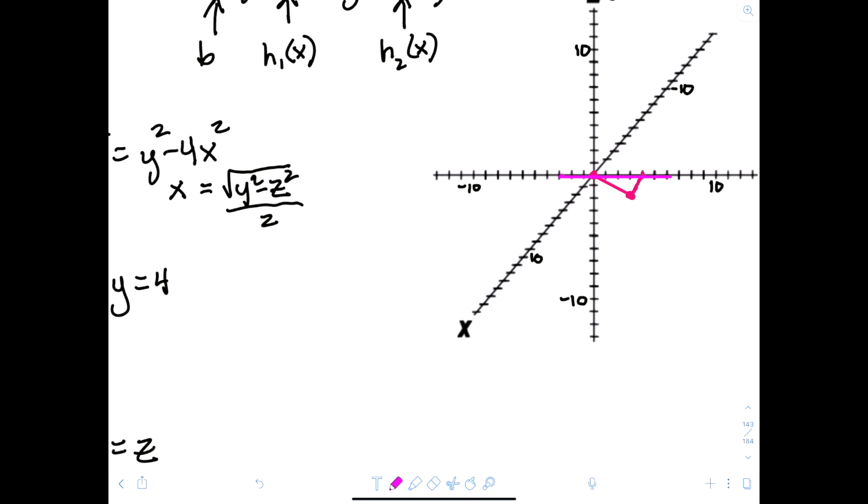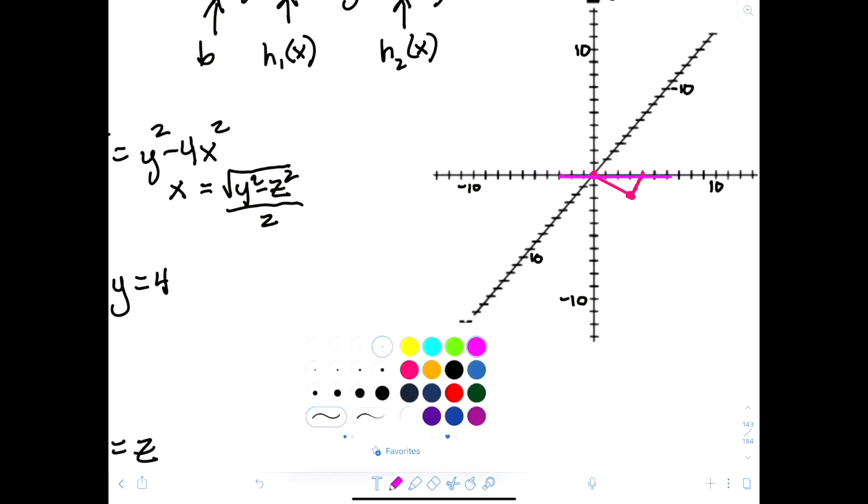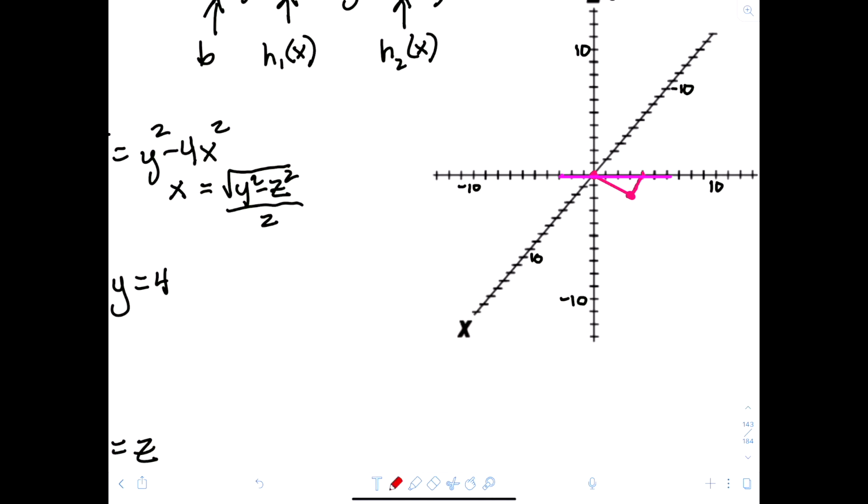And we'll end up with 0, 4, 4 as well. So that one I'll do in, I don't know, something bright. So 0, 4, 4. So something like this.